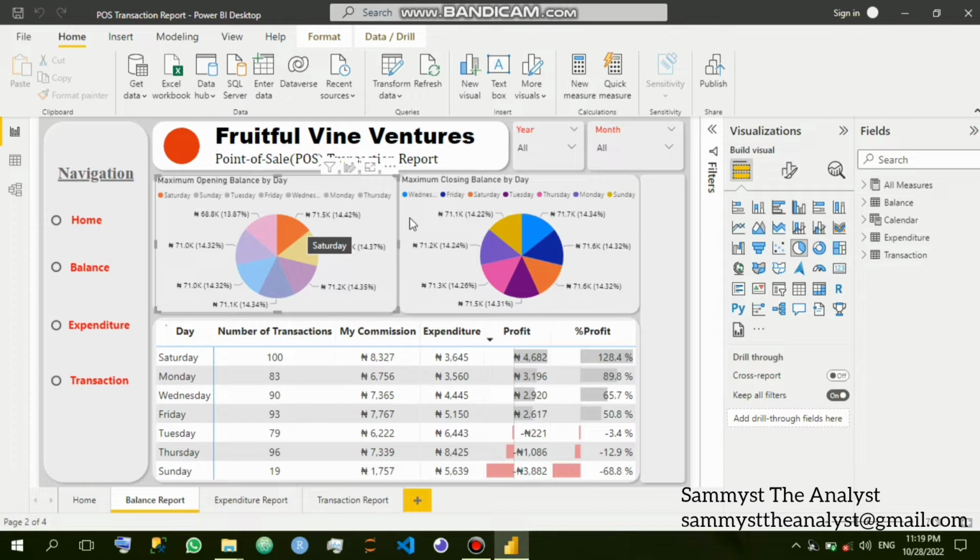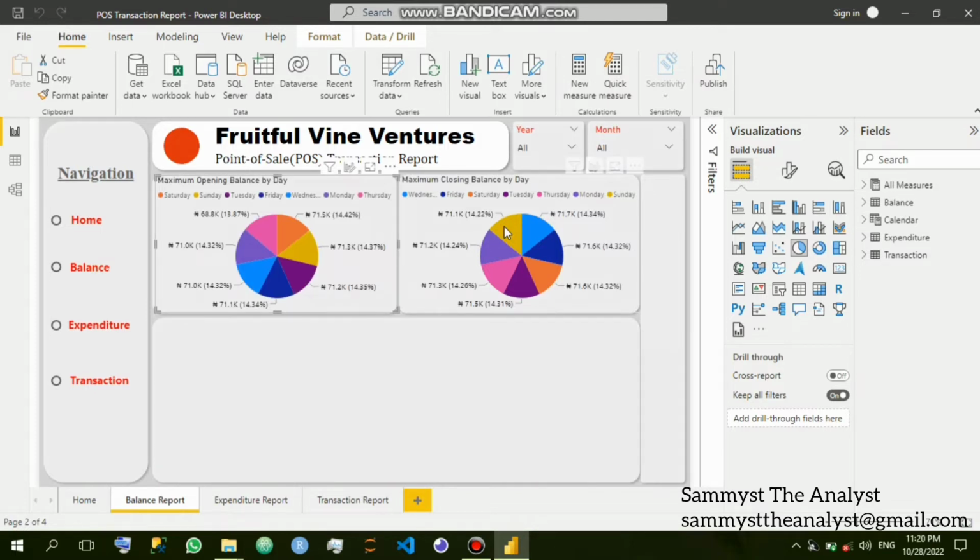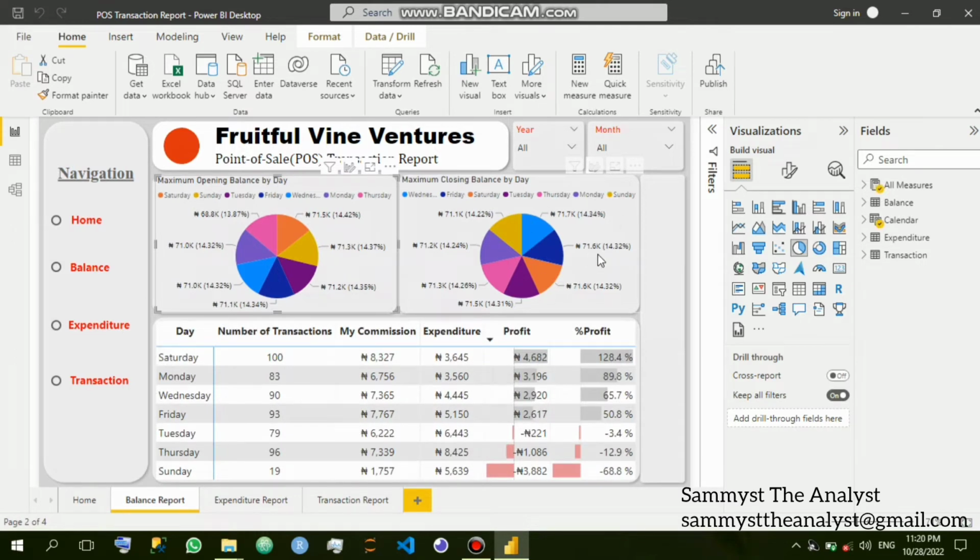Now let's come over here, which is the maximum closing balance by day. Out of this, I try to look at which day of the week the company closed with the highest amount. And when you look at it again, you will discover that out of all this data, this is 71.1, 71.2, 71.3, 71.5, 71.6, 71.6, and then 71.7k.